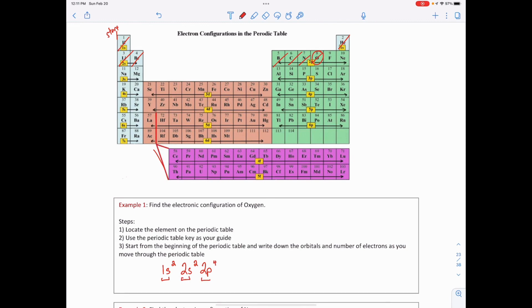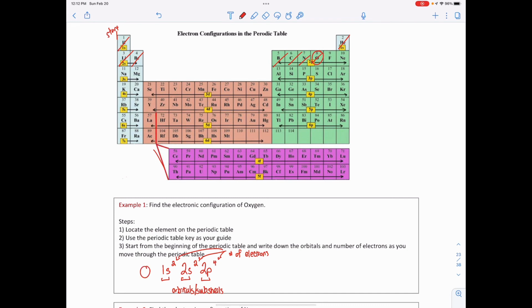If I look at this diagram here, these 1s, 2s, 2p's are what we call the orbitals or the subshells. I have a 1s2 at the very bottom, a 2s2, and a 2p4. The numbers on the top, which we got when we crossed out the elements, represent the number of electrons.